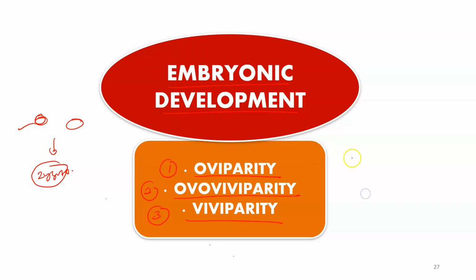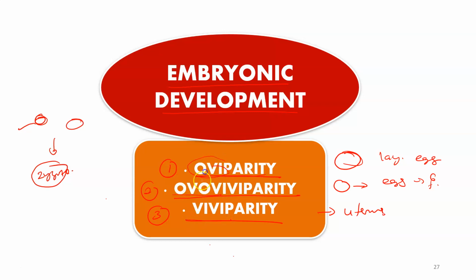Either in an egg, or an egg that is maintained inside the female's body, in the mother, in the uterus. This is eggs that will be laid. These are eggs that develop inside the female. So that is the difference between these three: oviparity, ovoviviparity, and viviparity.